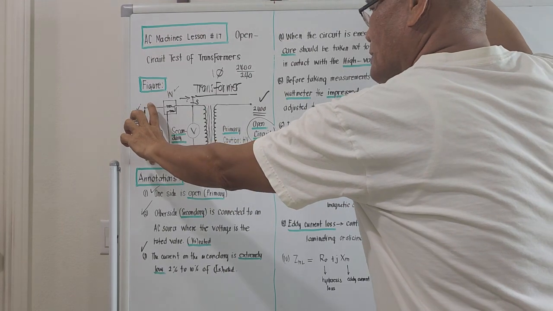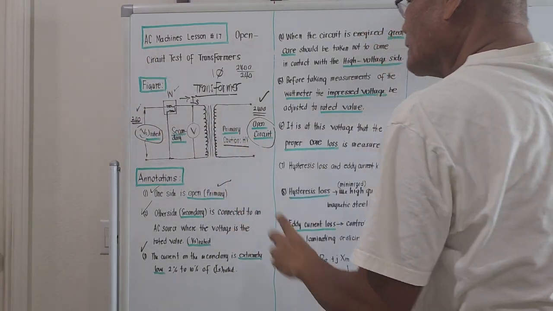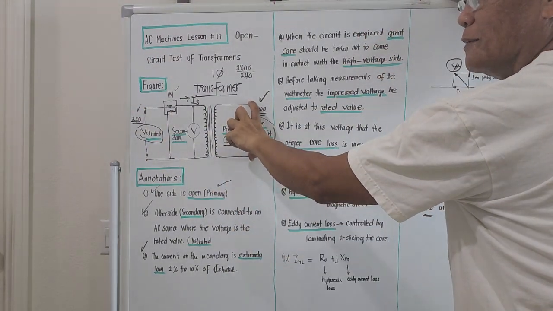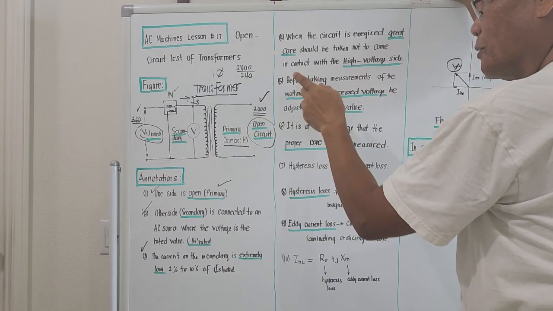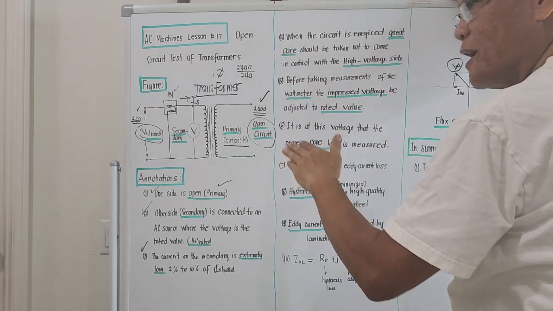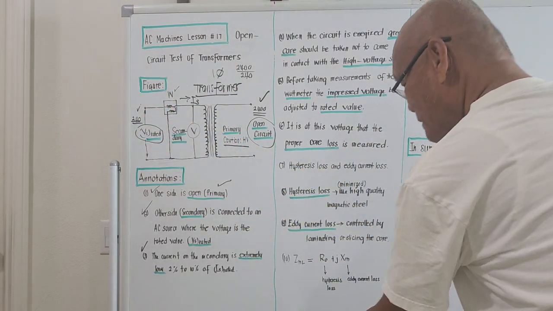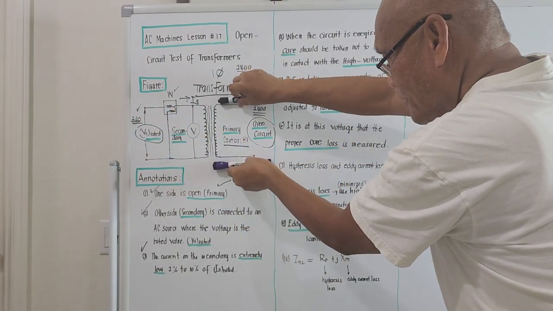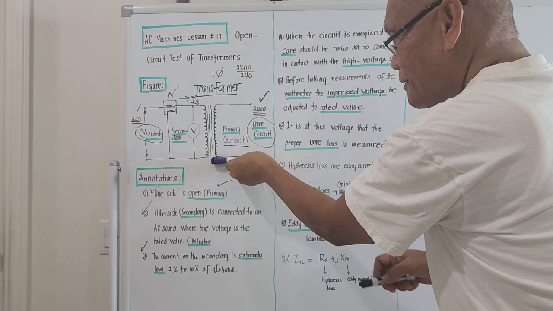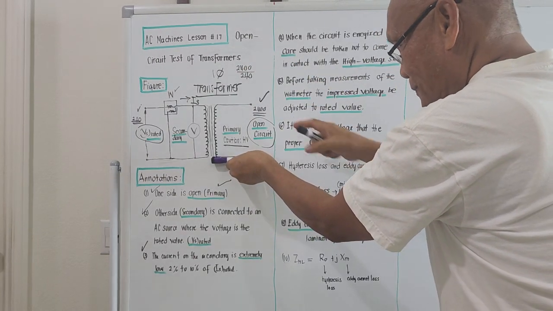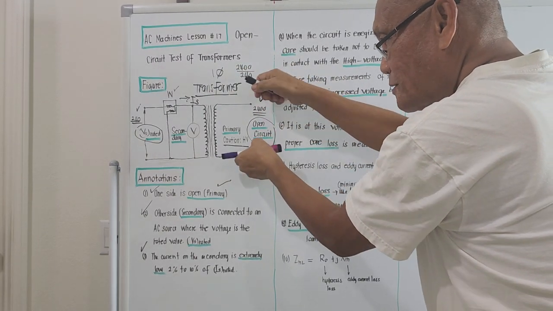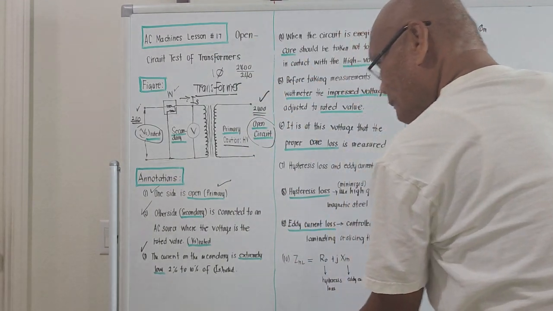So if this is energized with the 240, whether we like it or not, there should be 2400 over here. Okay? And according to this note, at the time of energizing, make it a point that you do not touch the top terminals over here. Okay? Don't come in contact.